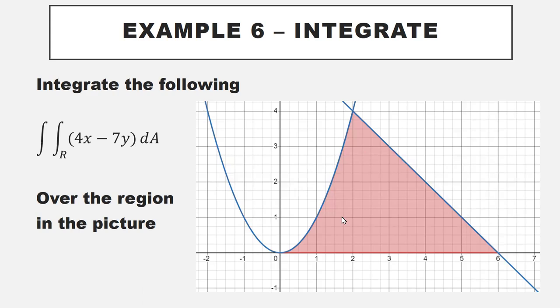Another way I could break this region up is to say, well, let's go left to right first. This goes from this line on the right over to this parabola. And the y values go from a y value of 0 to a y value of 4. We'll actually do this both ways.